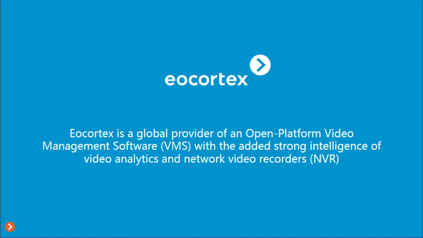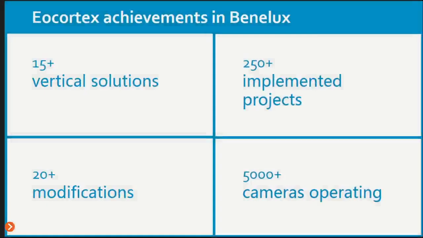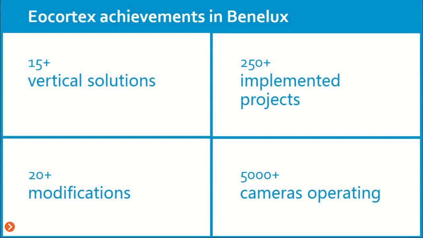So, Eocortex company has been active on the world market for almost 10 years, and now it's right 2 years since we've been working in Benelux. So here you can see main achievements of Eocortex on the Benelux market.